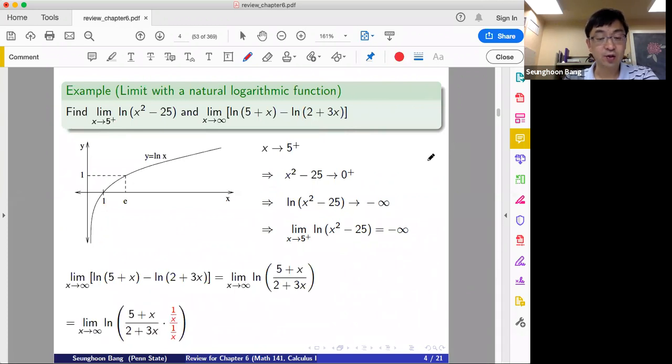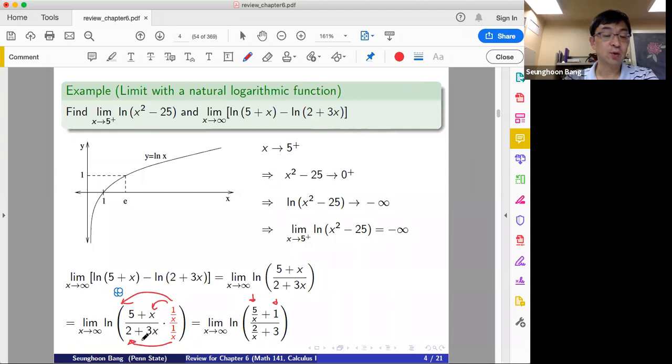Next, multiply top and bottom by 1 over x, since the highest power term is only x. Distributing 1 over x gives 5 over x plus 1, and similarly 2 over x plus 3.